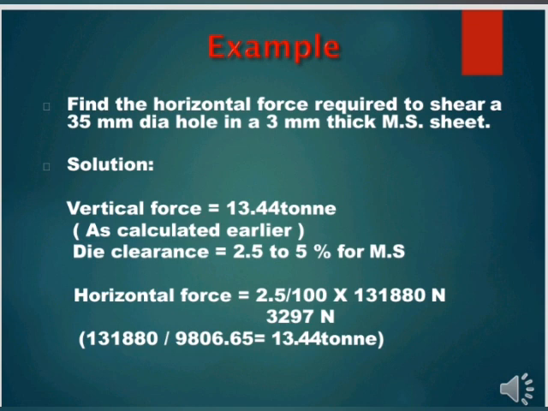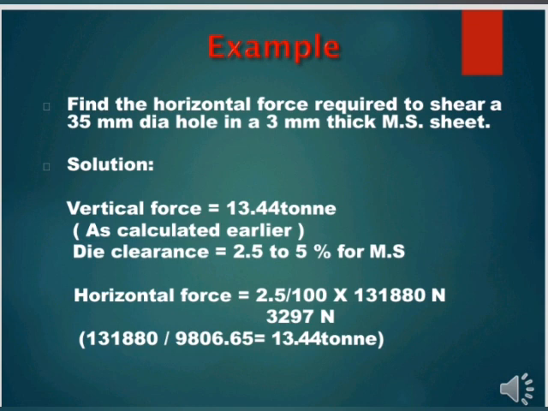Convert 13.44 ton in Newton, it comes 131,880 Newton. So, horizontal force is equal to 2.5% of 131,880 Newton, which is 3297 Newton.